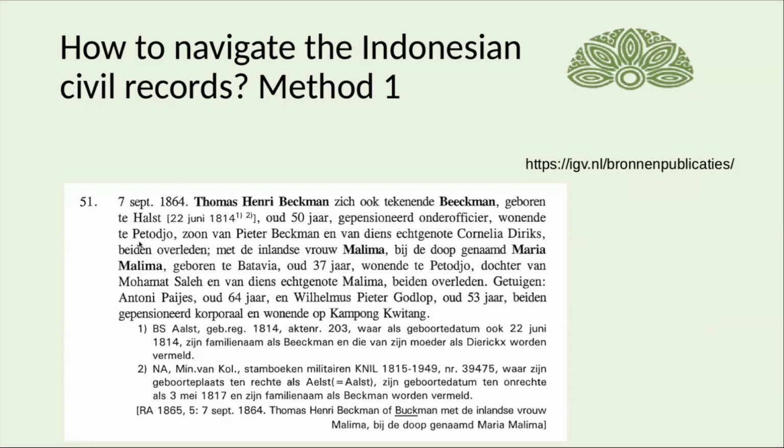His place of residence, Petojo, son of Peter Beckman, and his wife Cornelia Derks, etc. So that's method one. And you can access those transcripts on this website, IGV. It's called Bronnenpublicaties. So that's one.